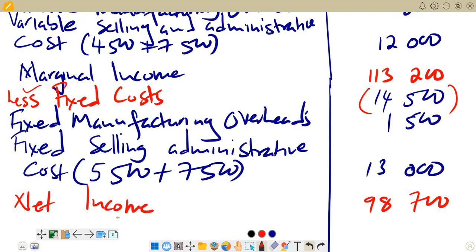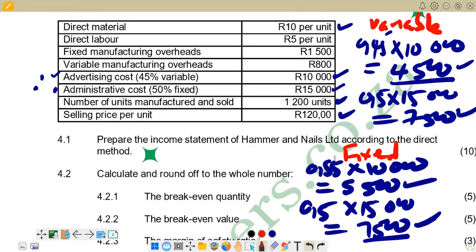So that's what we have in terms of the first part, that is the preparation of the income statement using the direct method. The second part, we are now on 4.2, where the question is saying calculate and round off to the whole number, the break-even quantity.